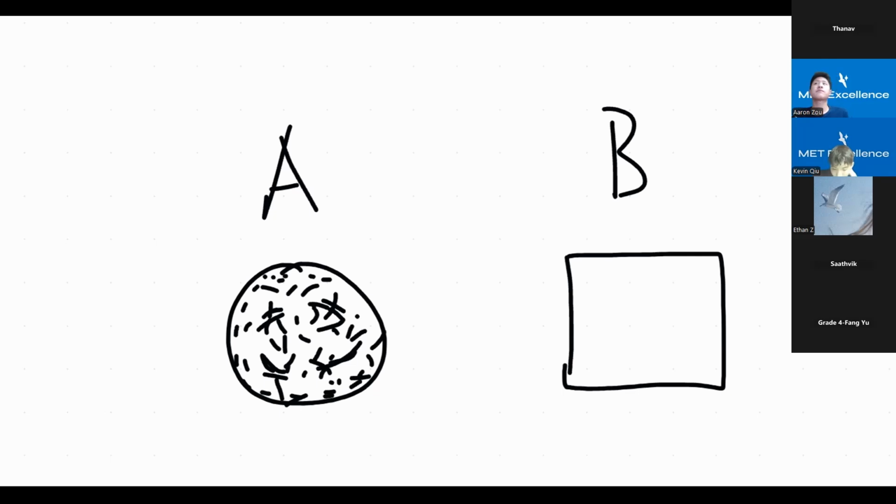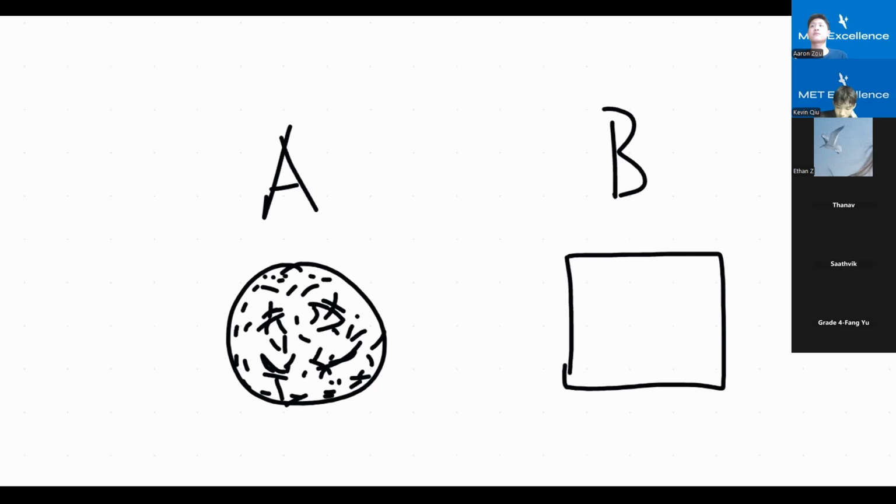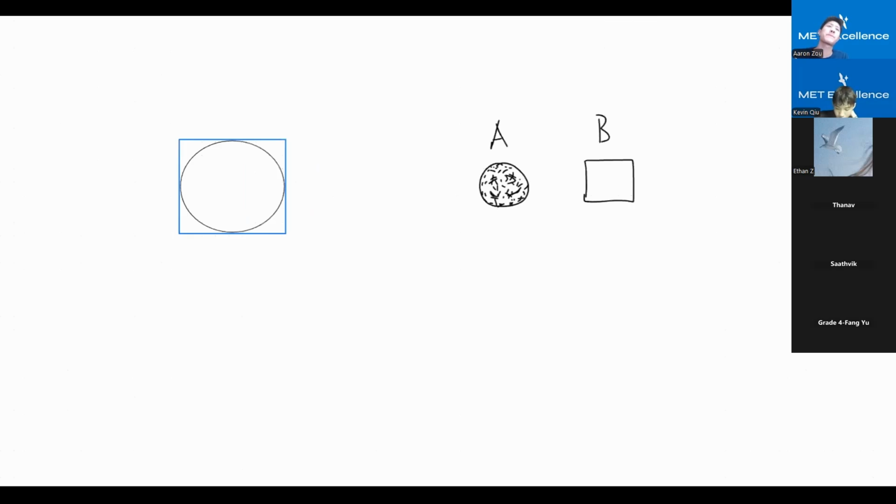So yes, Lanav? I'll just draw a circle here, and maybe that's perfect. And I'll draw a square right around it, kind of like this, except the circle is inside and all the sides are touching.